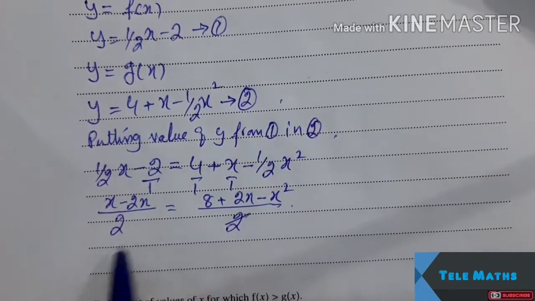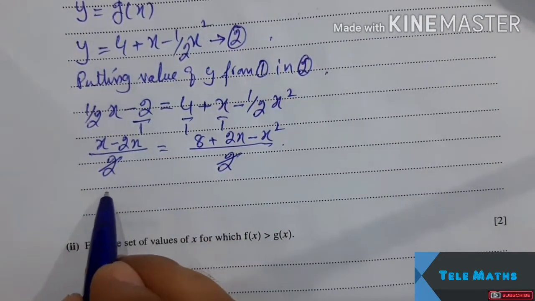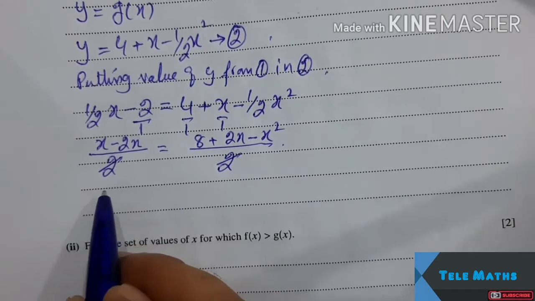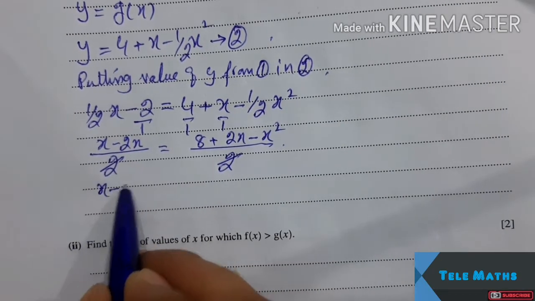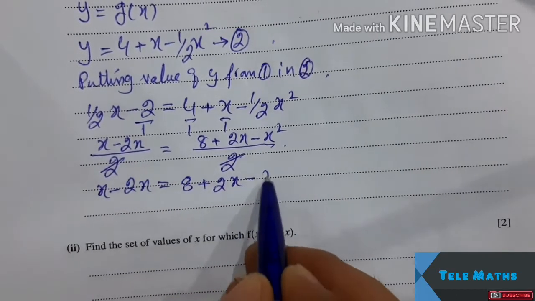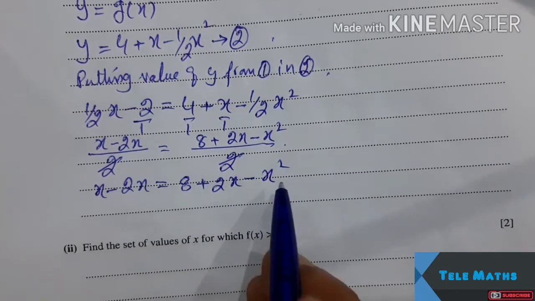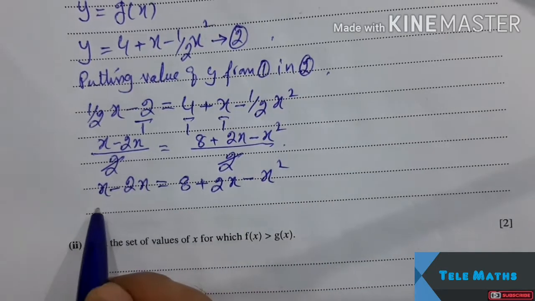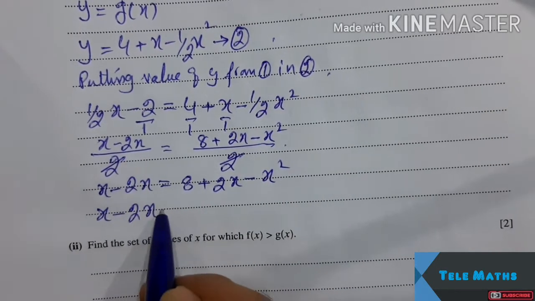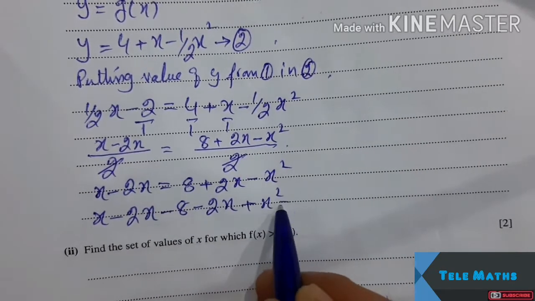So these two will be cancelled because by the cross multiplication we'll get the final equation x minus 2x is equal to 8 plus 2x minus x square. So bring all these right hand side elements to the left. x minus 2x minus 8 minus 2x plus x square is equal to 0.